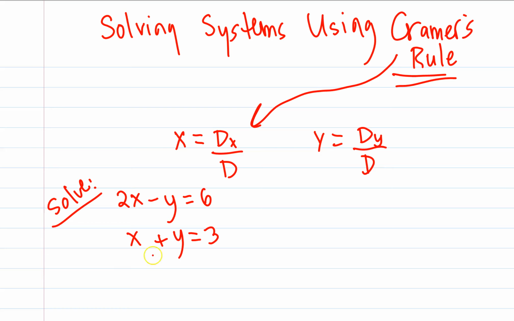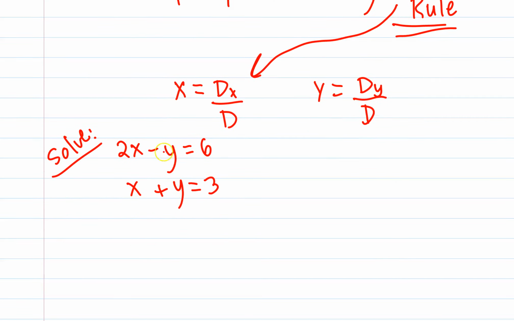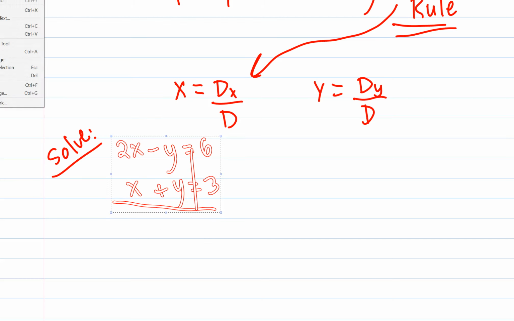Well, here's a system. What if I asked you to solve this? Hopefully by now your answer would be, I would use combinations. You're like, well, what do you mean? Well, these y's are ready to cancel out. So this would be very easy to use combinations. Add those together. Let me copy this before we go on too far. All right.